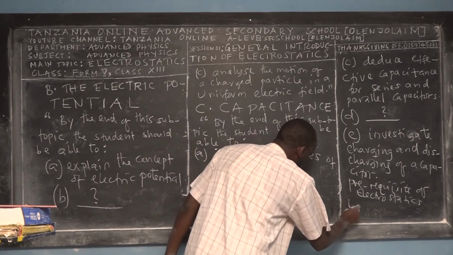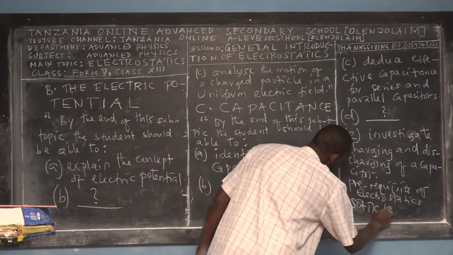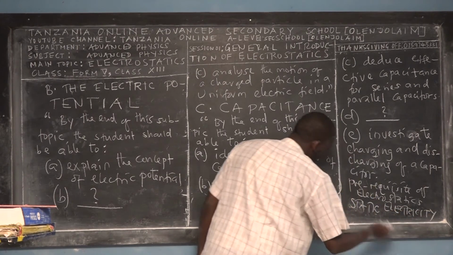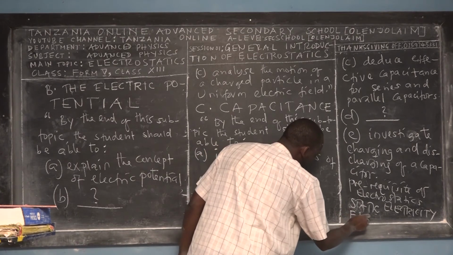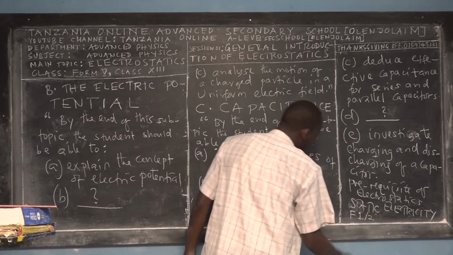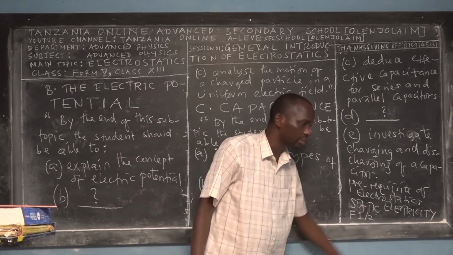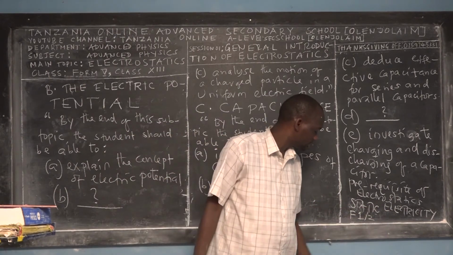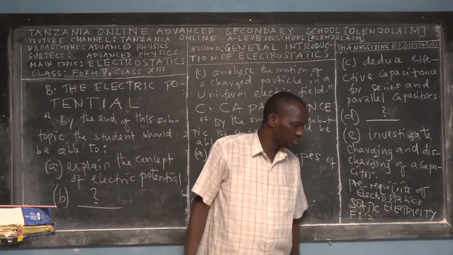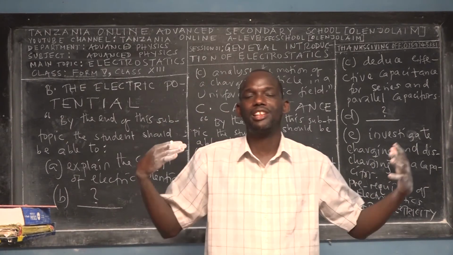The prerequisite of this topic is a topic called static electricity, that you covered when you were learning physics in form 1 or form 2. I don't remember, between there. It's not form 3 or form 4, I'm sure about that, because in form 3 you have current electricity. Okay, form 2, one of my friends here is saying. So static electricity. You have to remember about your like charges, so there's a lot of information.